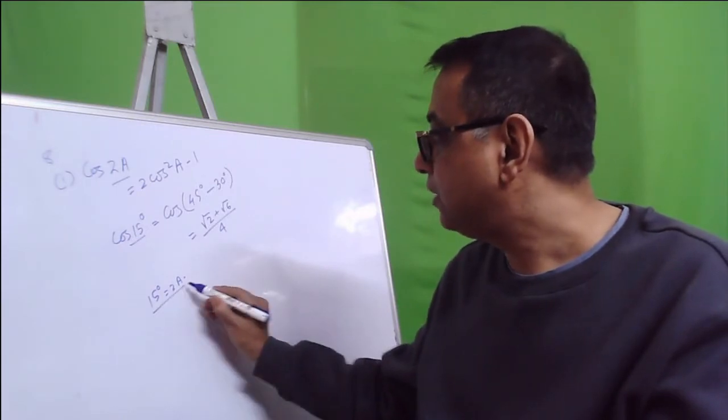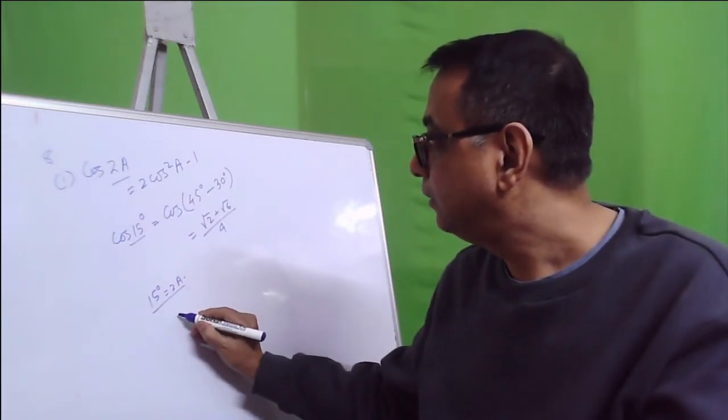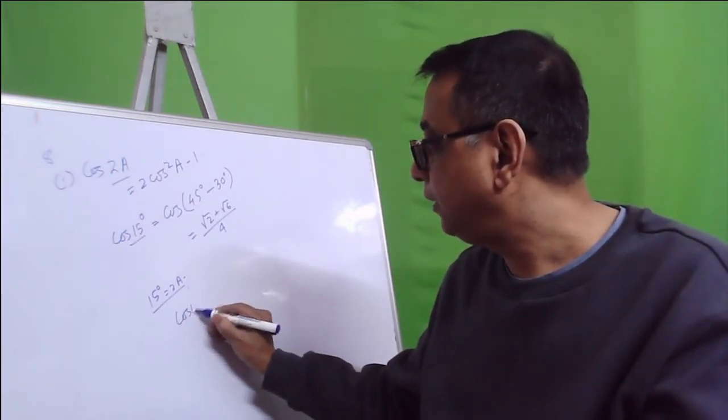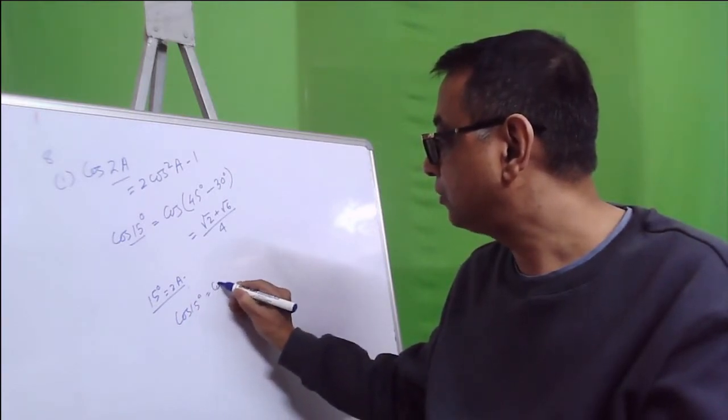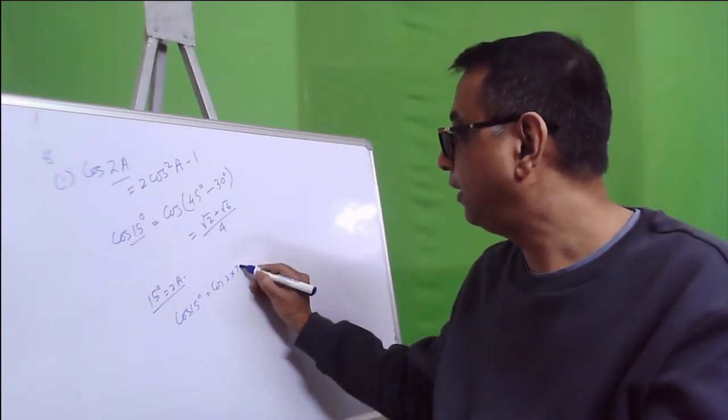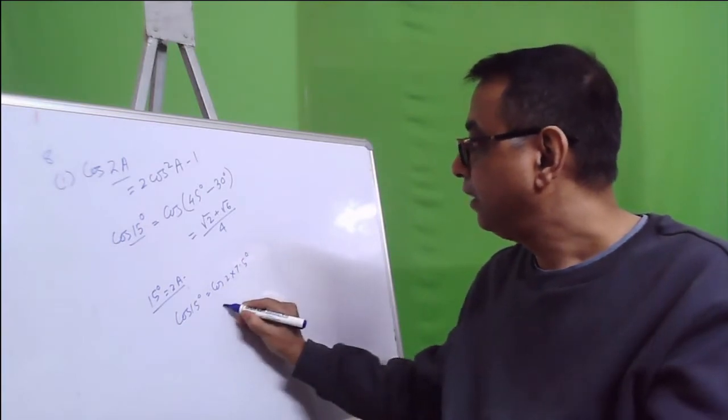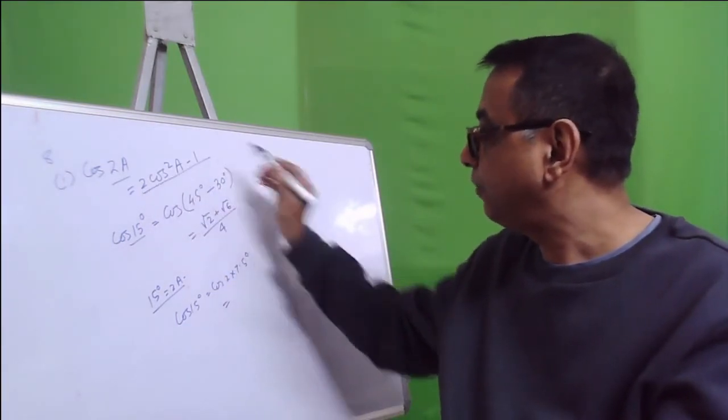So, using this, we know that cos of 15 degree is equal to cos of 2 into 7.5 degree, which is equal to 2 cos square A minus 1.